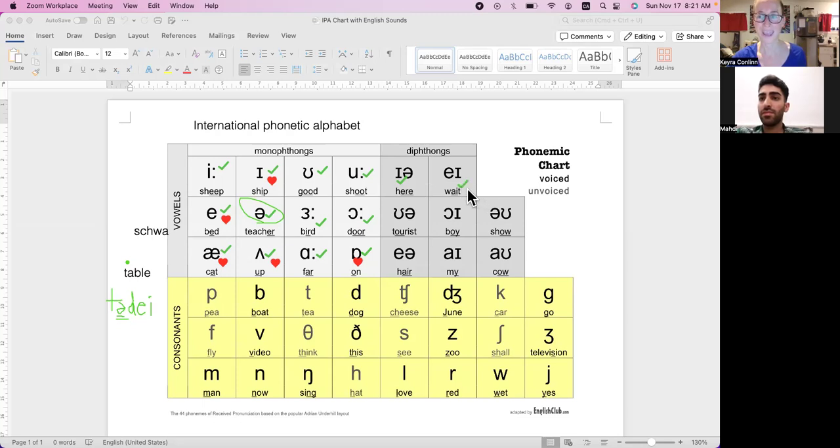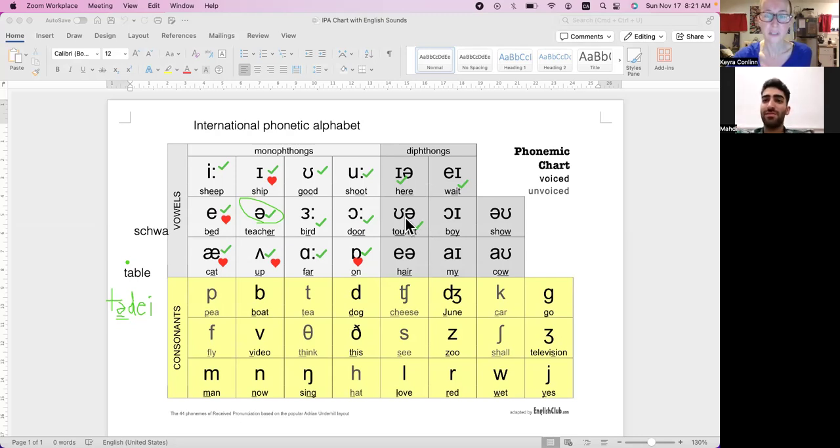Then we have the long A sound. It's two sounds, A and E together. Then we have a combination, like in tourist.